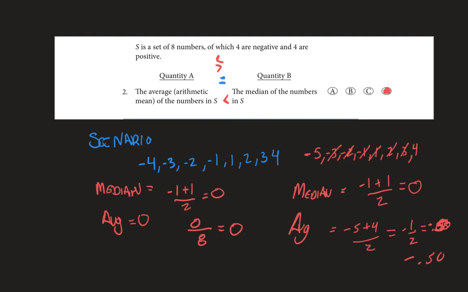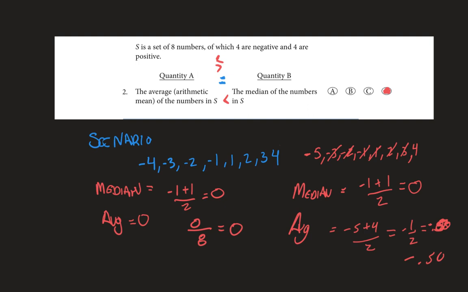Again, on the GRE, this is a really important point, you guys. If I say quantity A and quantity B are equal, if that's my answer choice, there can be no other example that proves otherwise.